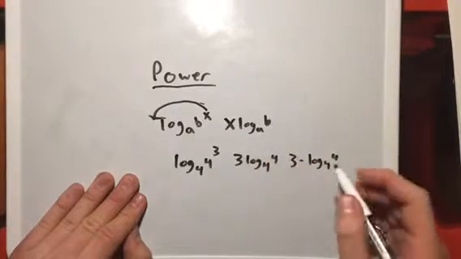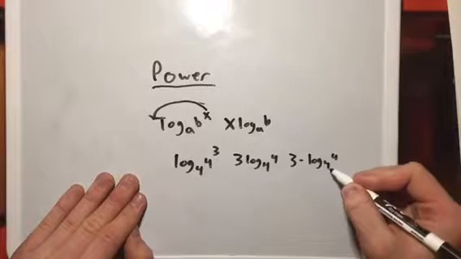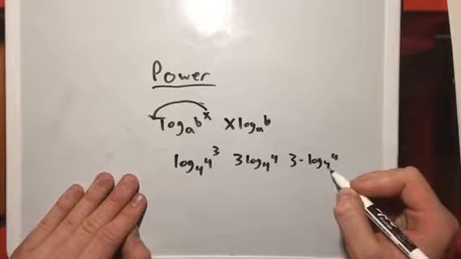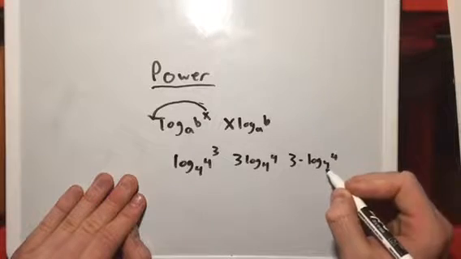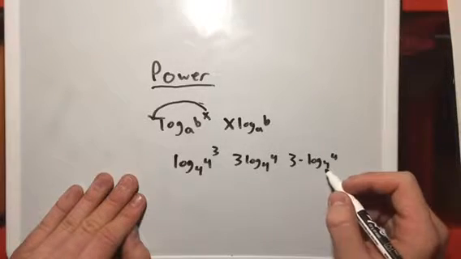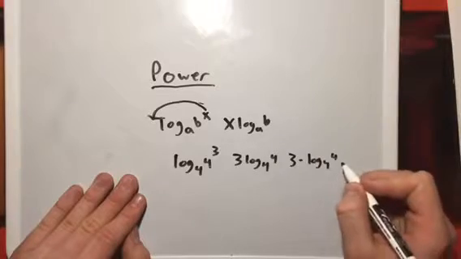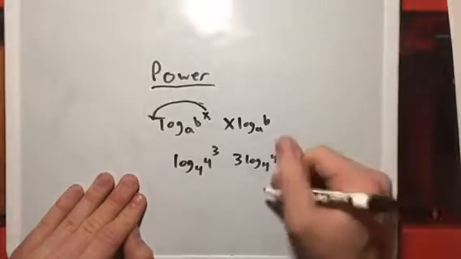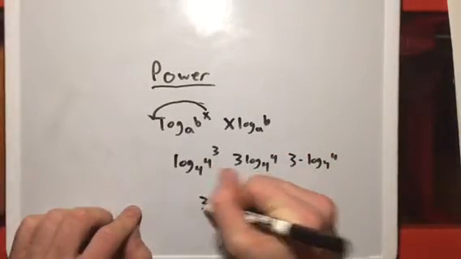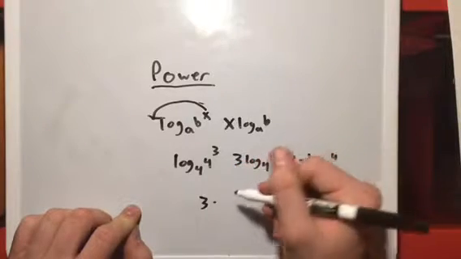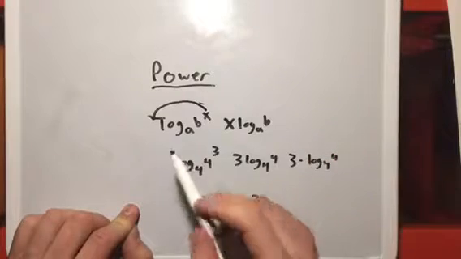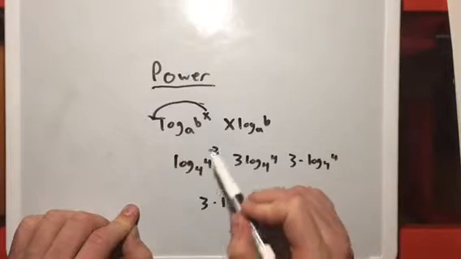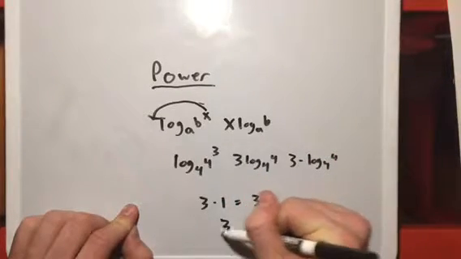Now going back to the beginning, 4 to the power of what number is 4? 4 to the power of 1 equals 4. So this would rewrite to 3 times 1, so 3 times 1 equals 3. The answer to this right here is 3.